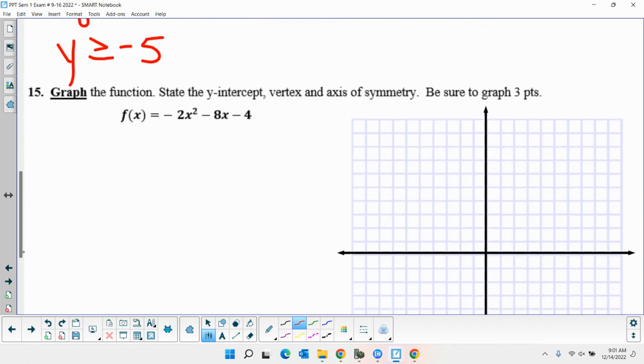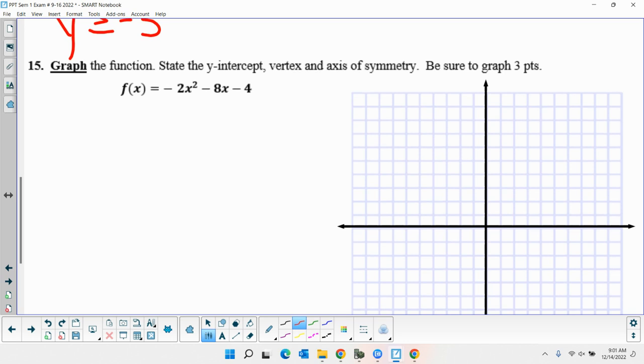All right, graph this. Y-intercept, I can do that right away. What's the y-intercept? Right, whatever c is. Right there.